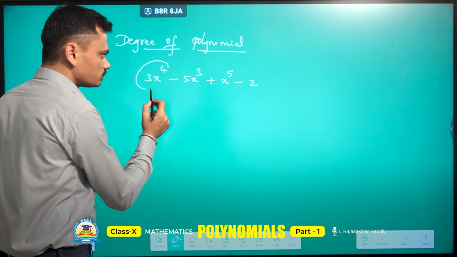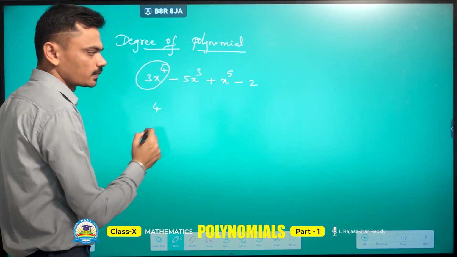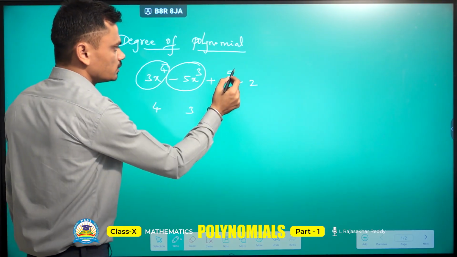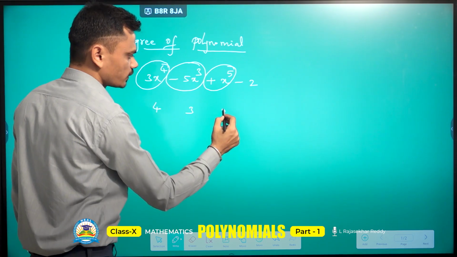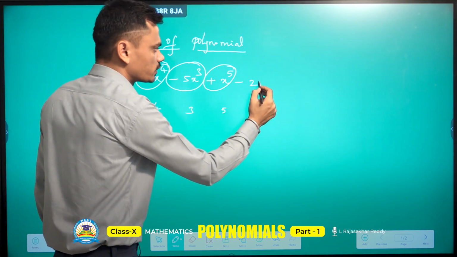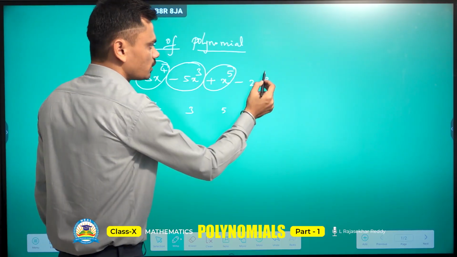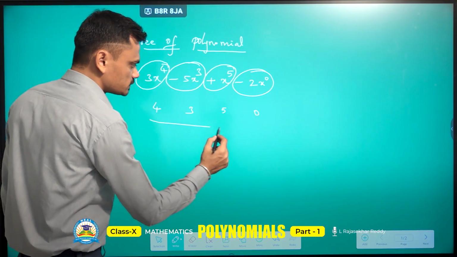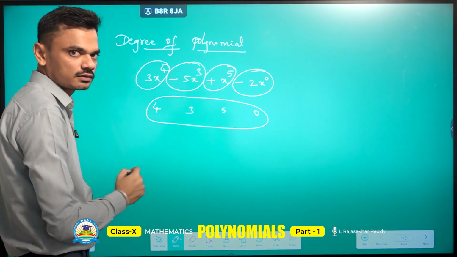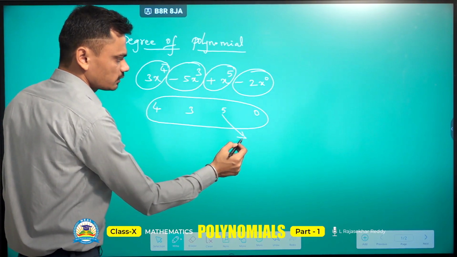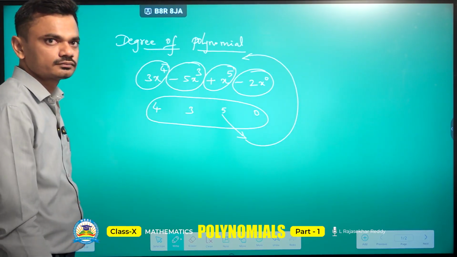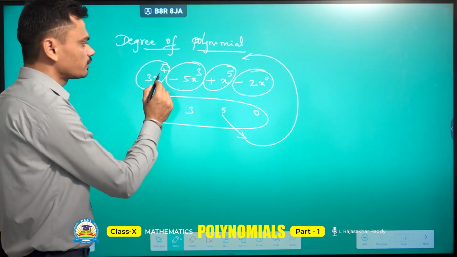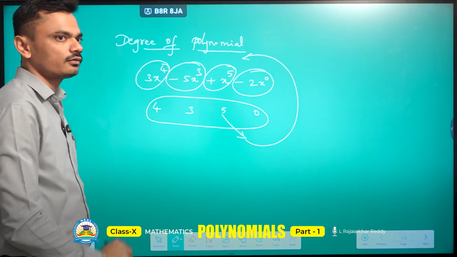Here in this term the power is 4. In this term the power of the variable is 3. In this term the power of the variable is 5. Here there is no variable, you can write it as x power 0. So in this term the power is 0. Now in all these powers, which one is the highest? 5. So 5 is the answer, the degree of the polynomial. So the highest power of the variable in the terms is nothing but the degree of the polynomial.